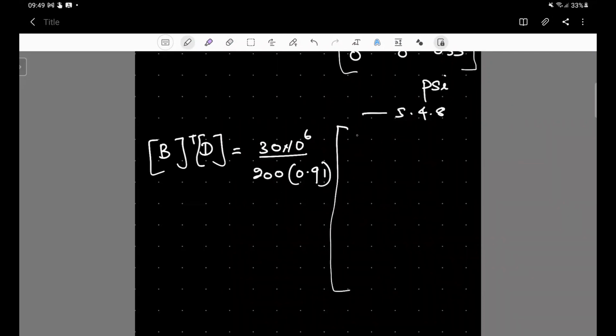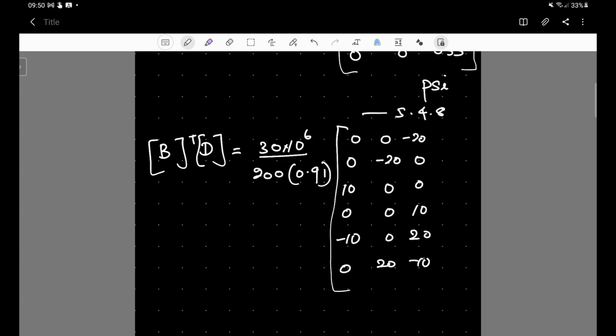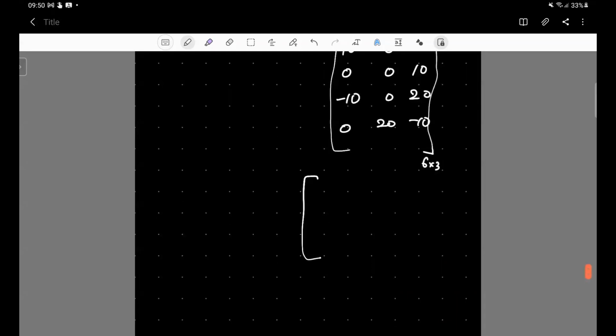So you're simply taking the transpose of the B matrix. Just check whether I made a mistake. 10 minus 10. If there's a mistake, please let me know. 0, 20 minus 10, which is now a 6 by 3 matrix, and which should be multiplied by the D matrix.